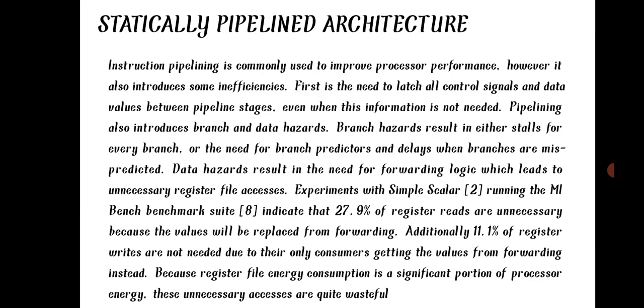Additionally, 11% of register writes are not needed, due to their only consumer getting the values from forwarding instead. Because register file energy consumption is a significant portion of processor energy, this is unnecessary access and a bit wasteful.